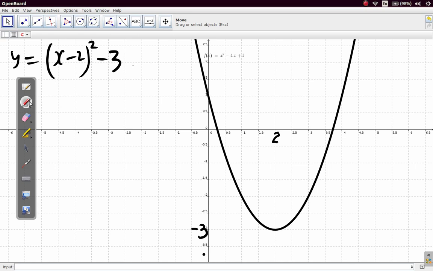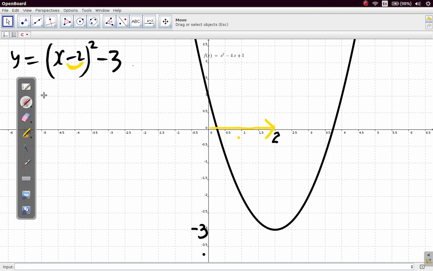Here now, I could use this color. Minus 2 here. You see, this tells you that the graph is shifted 2 units to the right, and here you have the 2 units to the right, the shifting of 2 units to the right.